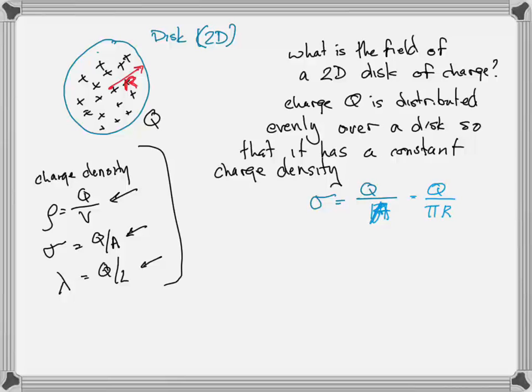Pi R squared. It's easier for us later to talk about the sigma charge density rather than the total charge Q.